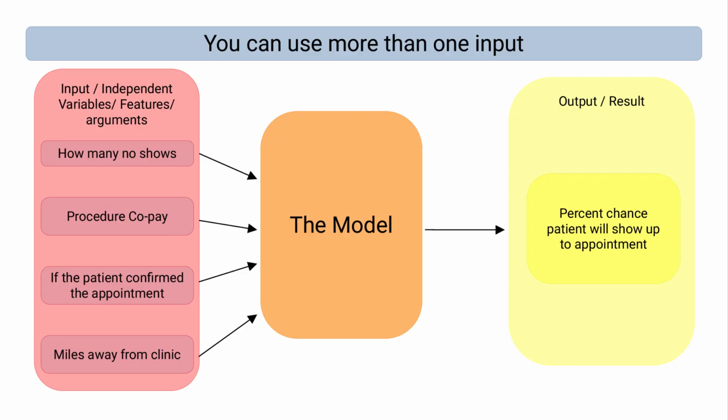Now, you don't need just one single input source. Technically speaking, an AI model can have different sources combined together to give you any kind of output. So I'm just going to give this as an example. On the left side, we have your input, also known as independent variables, which is, yes, very similar to statistics. They also call them features.